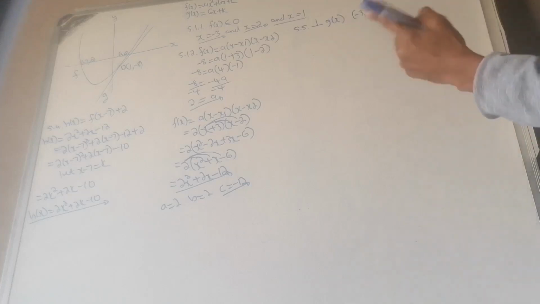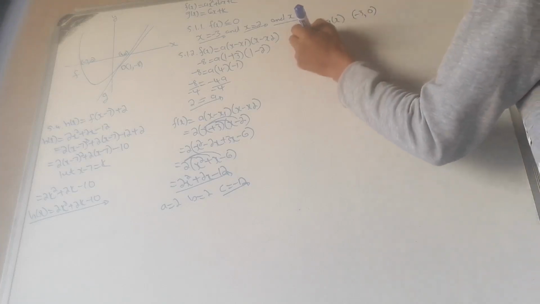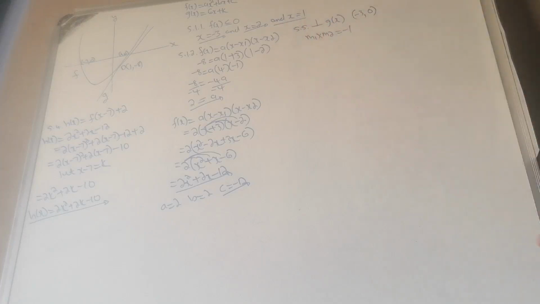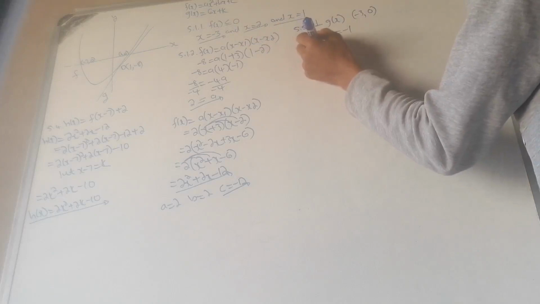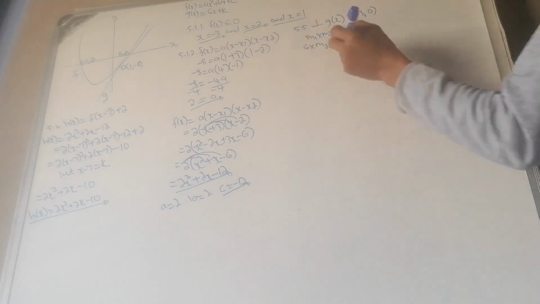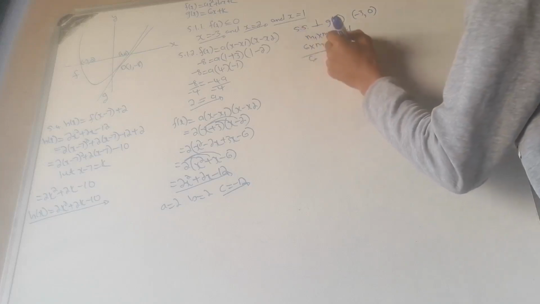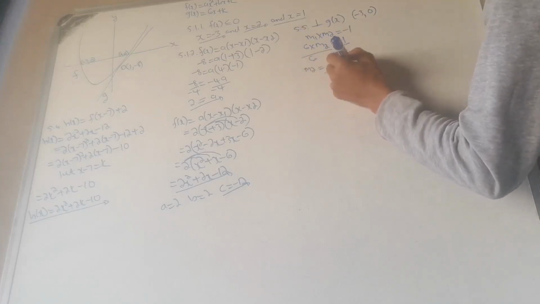I know that when two lines are perpendicular, the product of their gradients must give you negative 1. The gradient m1 multiplied by the gradient m2 gives negative 1. The gradient of g is 6, so m2 is negative 1 over 6.